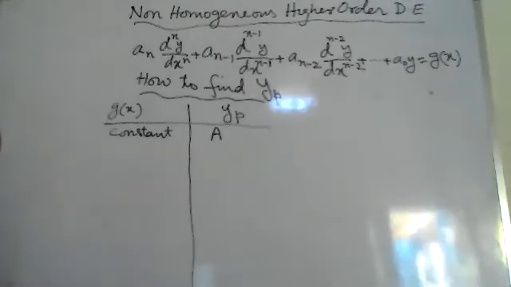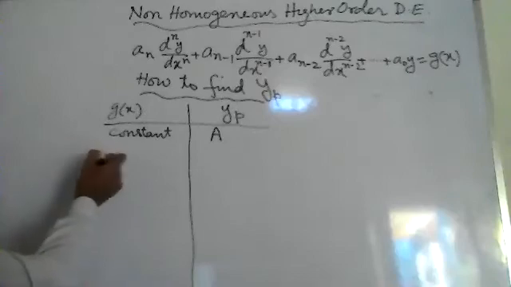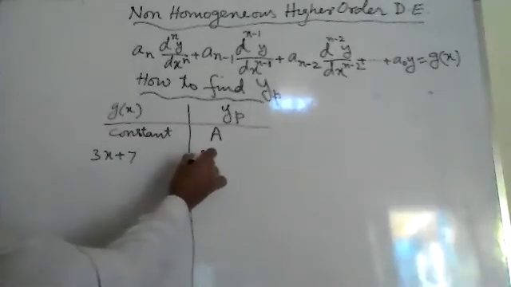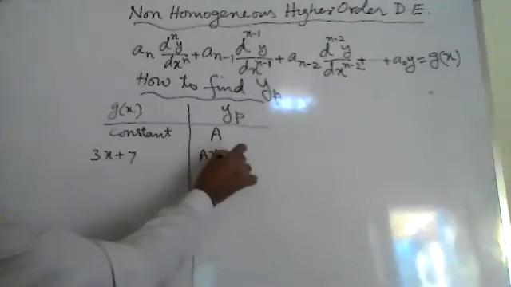If g of x is, for example, 3x plus 7, then y_p will be supposed as ax plus b.